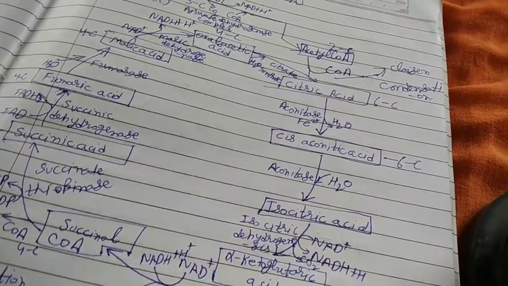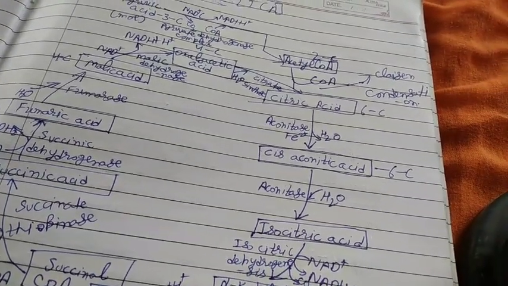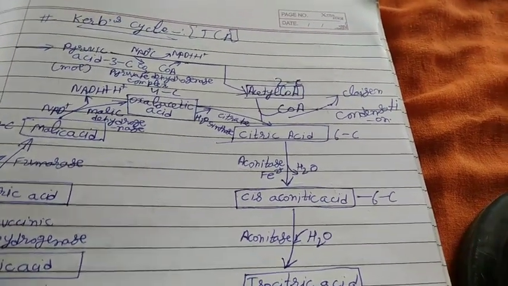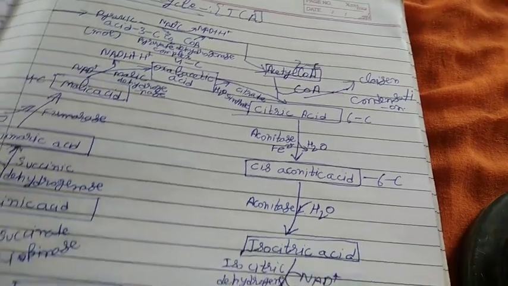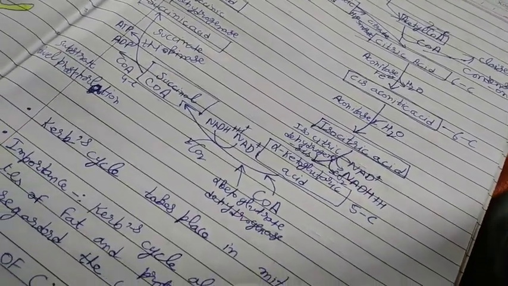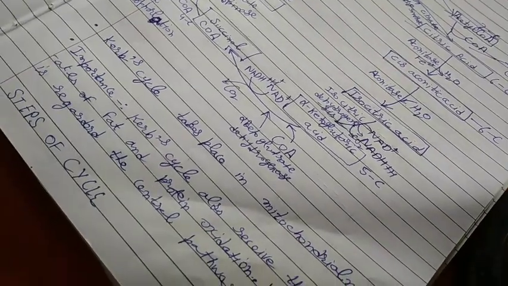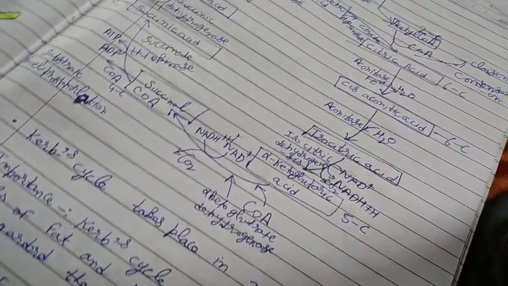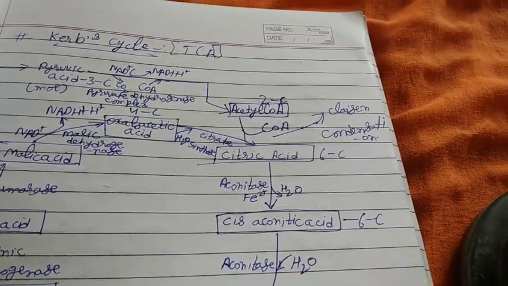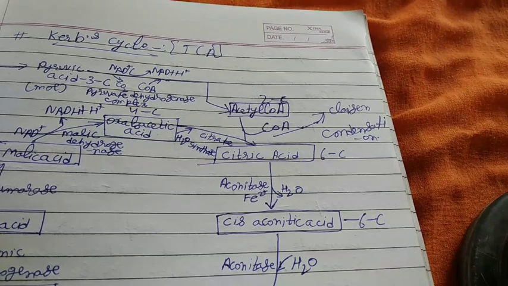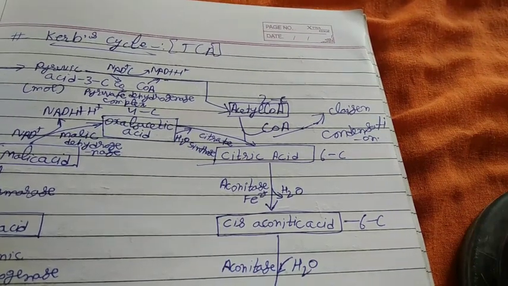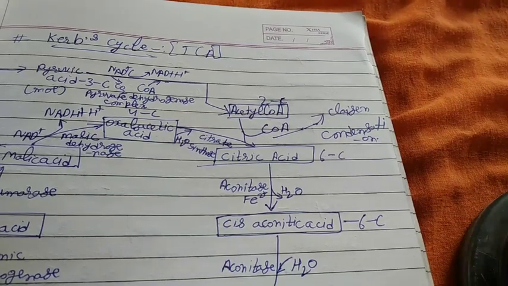This looks very difficult, but with practice it is easy to draw. You can see the steps of the cycle, and many steps are followed in this cycle, and we will discuss these steps. After watching this video, you can draw the cycle easily and write down its steps also.